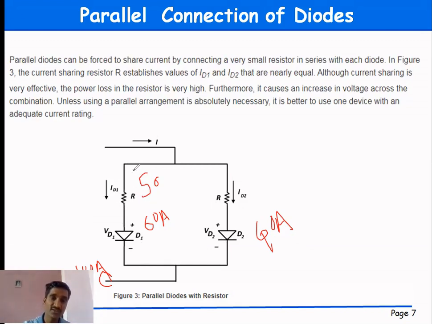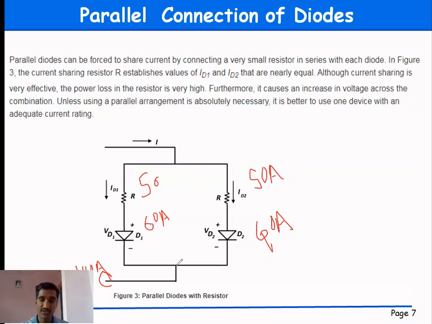Because of that, a lesser amount of current will flow from this part, and in this case we decrease the value of the resistance, small resistance, and because of the small resistance more current will flow, and an equal amount of current, 50 and 50, will flow from diode D2.